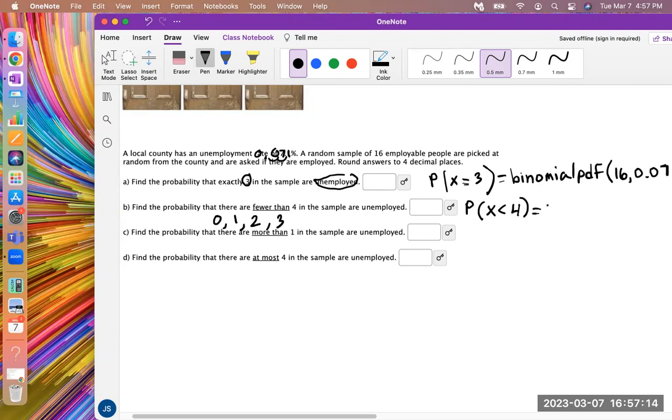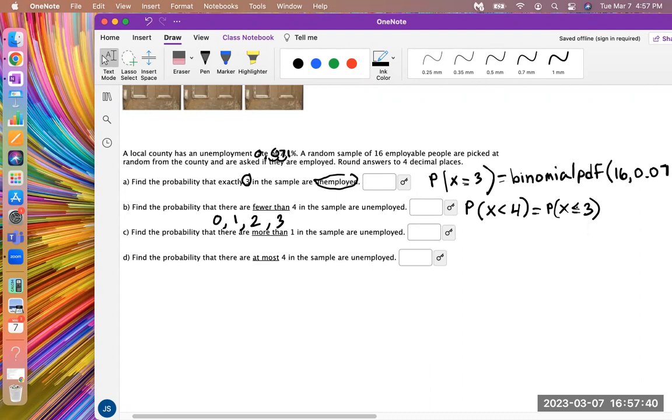You could only have whole number answers, so X could be less than or equal to 3. It would be the same thing as saying fewer than 4 is 3 or less. That means the same thing here because when you sample 16 people, you can't have 3.5 people that are unemployed, because you can't have half of a person.